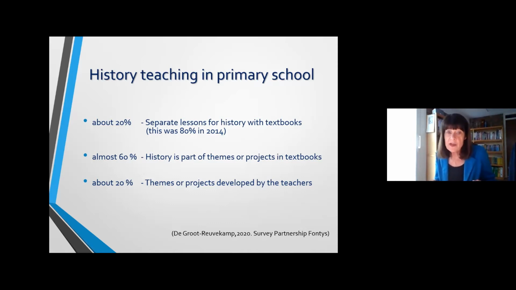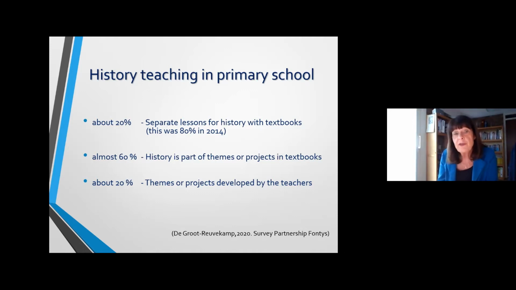And from this survey, it showed that in this region, and I think it's rather representative because I talked about it with colleagues in other parts of the country, and they confirmed my findings, that only about 20% has different lessons for history, geography, and the other social study subjects. And 80%, so it's turned around completely, works with themes or projects.